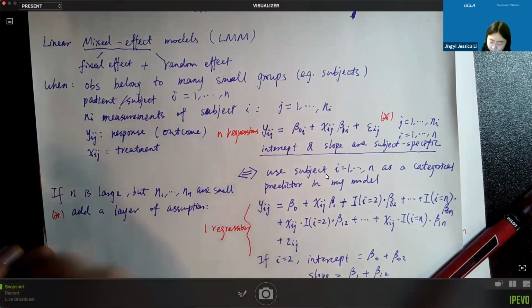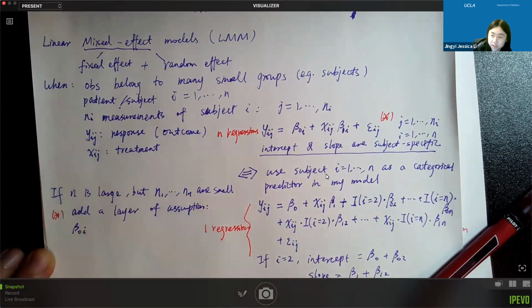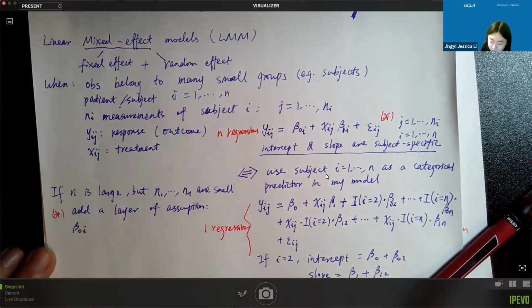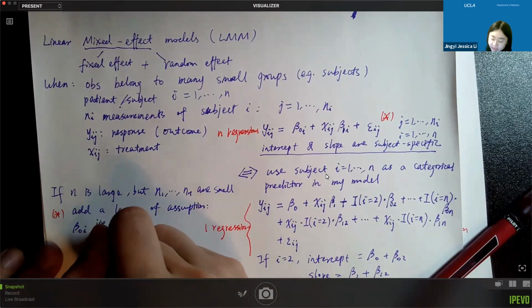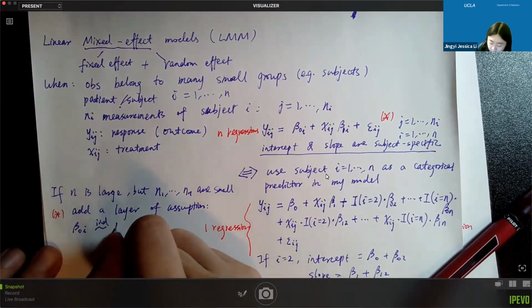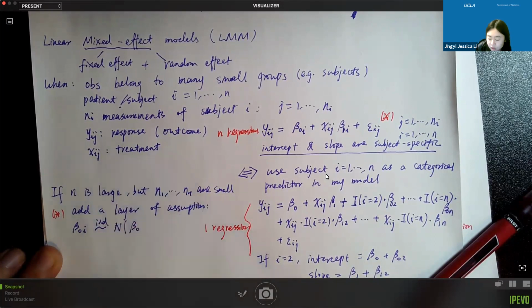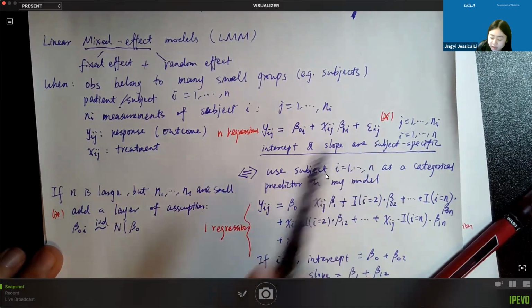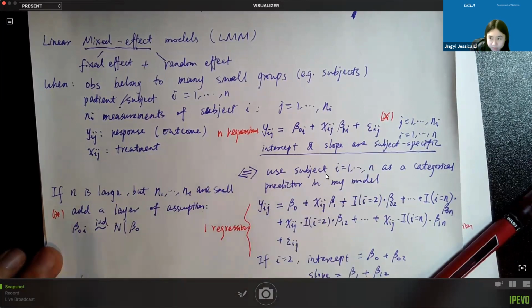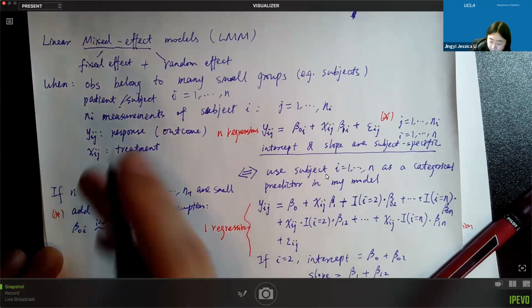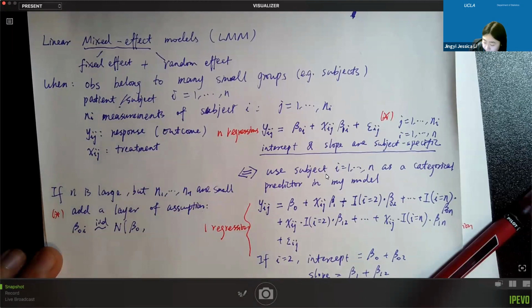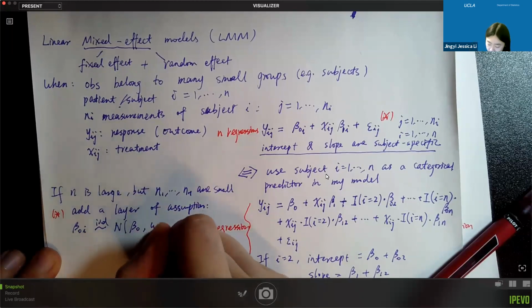That is, we can assume beta 0i, these different subjects' intercepts, to be IID from a distribution with mean beta 0. You can consider this beta 0 to be the common intercept for all individuals, and each subject's intercept is just drawn from a normal distribution with beta 0 as the mean and a variance, let's just call that omega 0 squared.